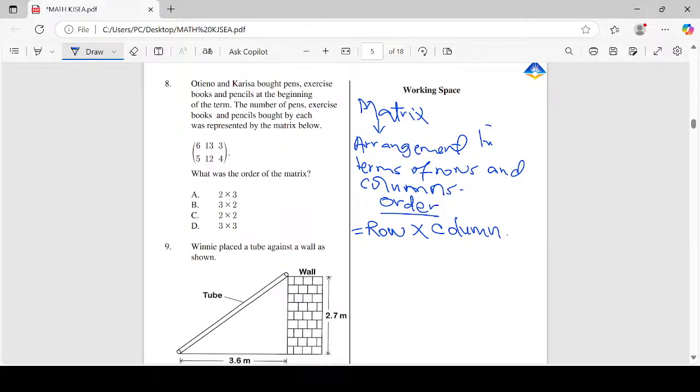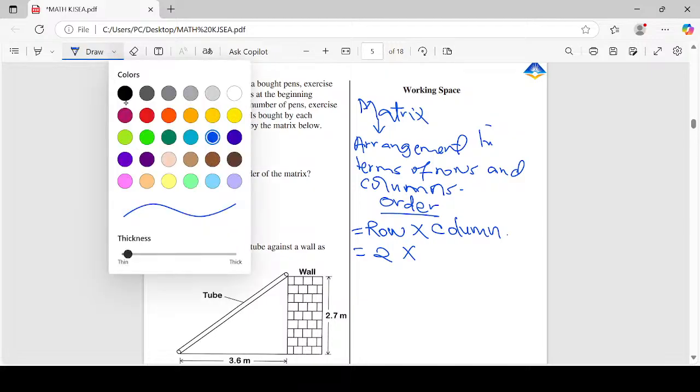So learners, if this is the rule, if we look at our rows, I'm having two rows. I'm having this one here as row 1, and this one here as row 2. So the number of rows is 2, times the number of columns.